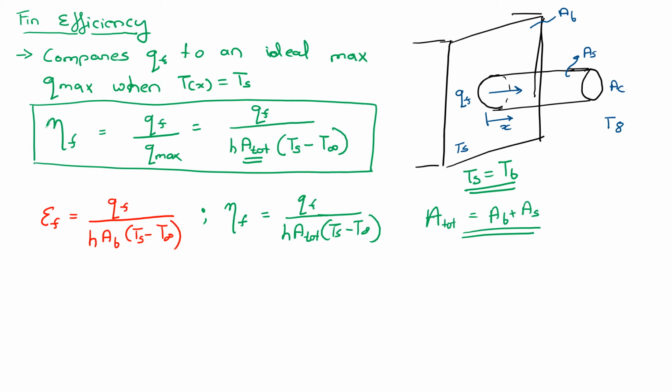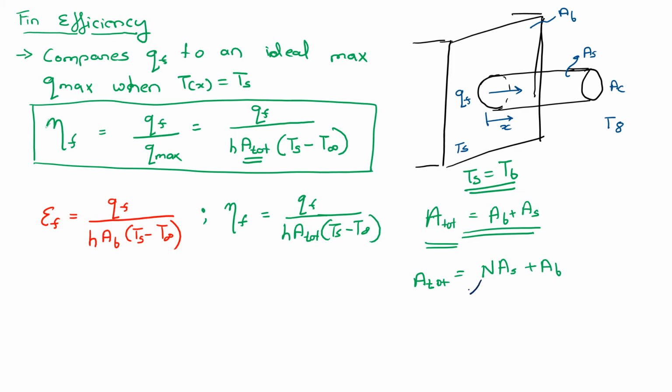Now this area is only true if you have one fin. What if you have, say, n number of fins? Your total area in that case will be n times the surface area of each fin plus the area of the base.